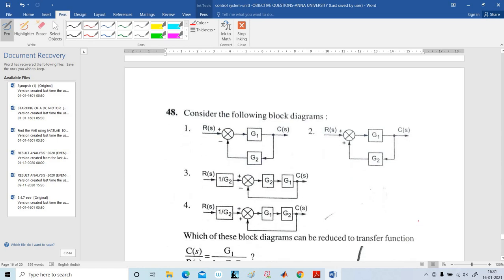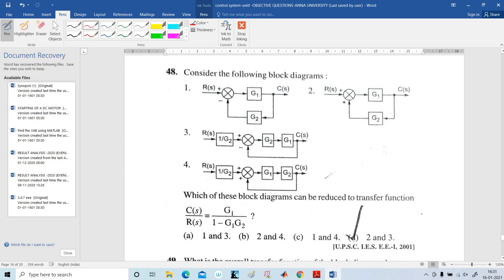Then consider the block diagram. Which of the block diagrams can be reduced to the transfer function? See the first block diagram, G1 and G2. Here this is the feedback path. It is negative feedback, so it is wrong. This one is positive feedback, and the expansion is G1 by 1 minus G1 G2. This is correct, so 2 is correct. And here also negative, wrong.